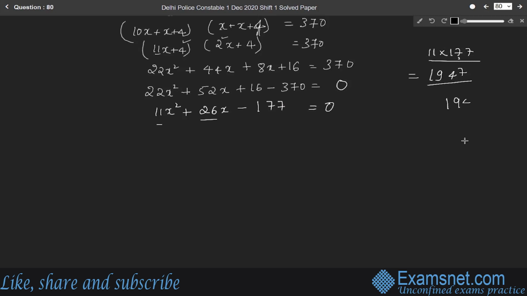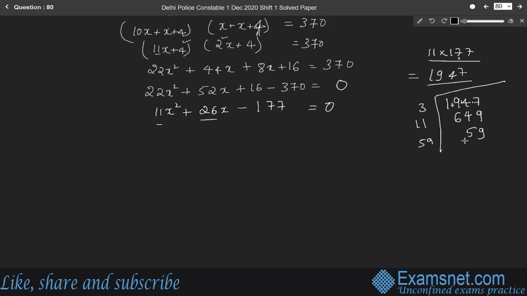Here it is easily divisible by 3, the least number, since the sum of all digits is divisible by 3. So 3 into 6 is 18, 3 into 4 is 12, 3 nines. So 649 is easily divisible by 11. 11 into 5 is 55, so the remainder is 99. It becomes 11 into 9.